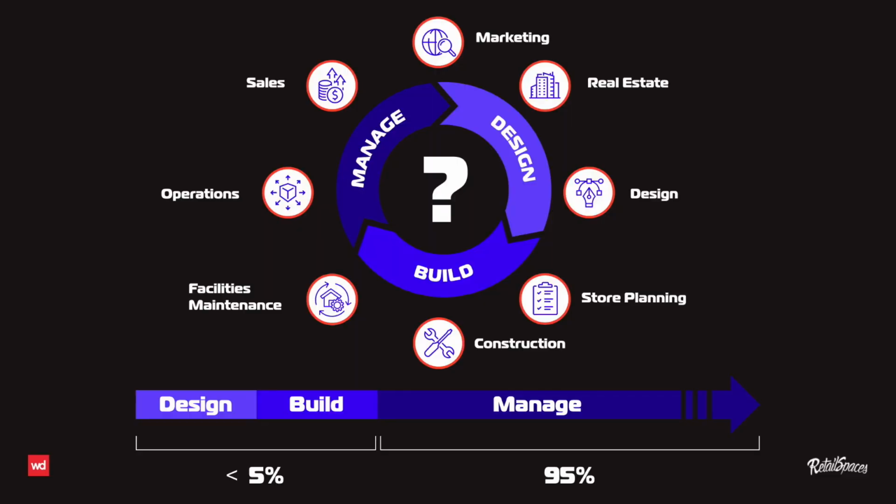But with the opportunity of adding digital connectors, we're able to take, just going from that 5% of a building life cycle in that design build, and really look at the bigger picture of 95% of the building life cycle happening in that management category. How do we help aid the other parts of the organization that can benefit from that data?